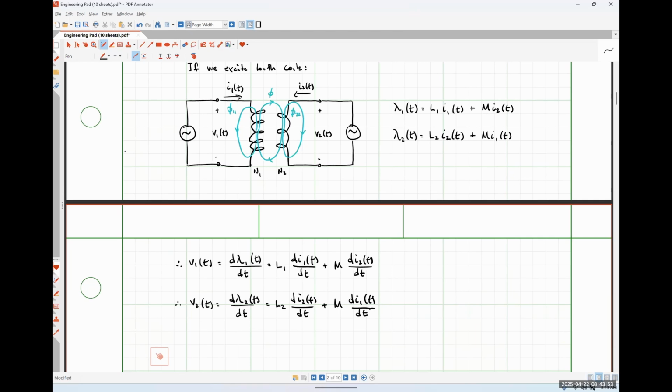In order to get away from that ambiguity, electrical engineers have come up with what's called a dot convention to help us understand what's going on without having to physically inspect whether these coils are wound in the same direction, all of that kind of good stuff.